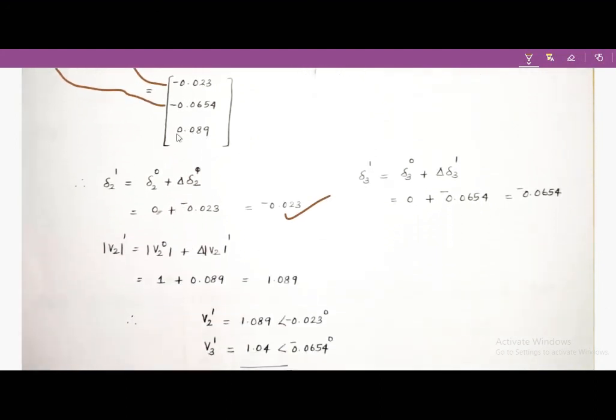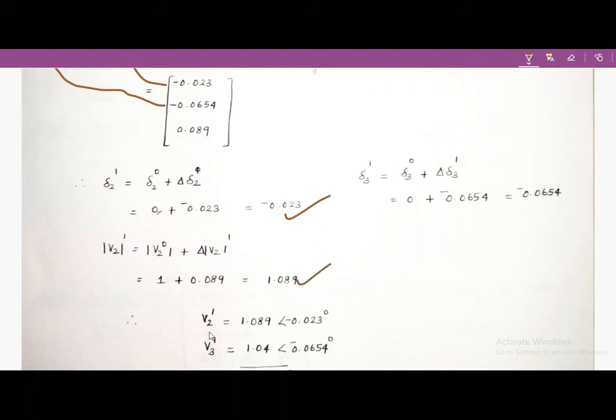Similarly for the magnitude of the voltage also. Is this the magnitude of the voltage? No, this is not the magnitude of the voltage. This is the change in magnitude of the voltage. So actual voltage will be equal to initial value plus that change. Okay. So you got V2 magnitude this much and the angle this much.